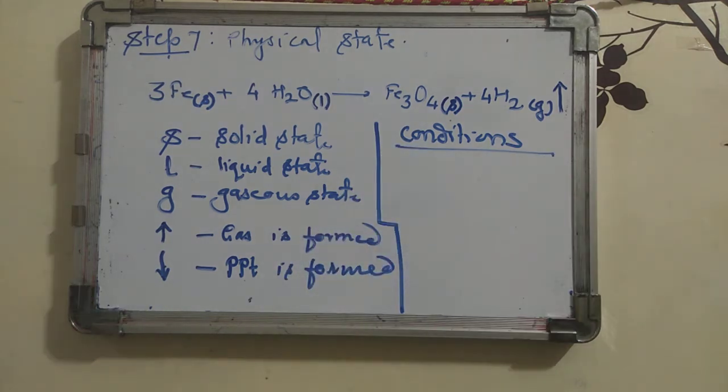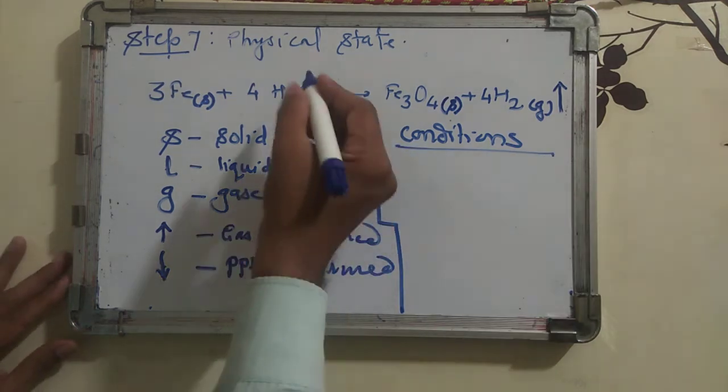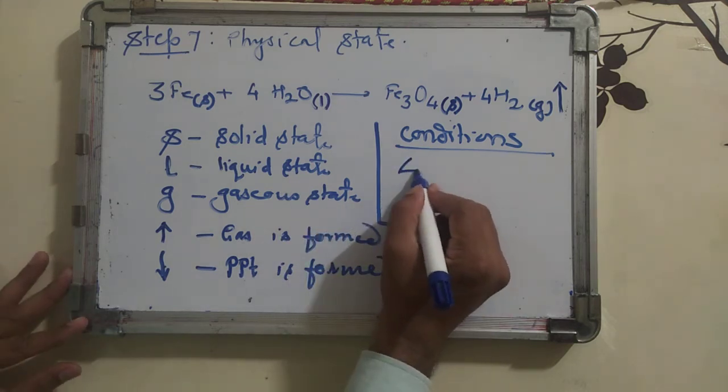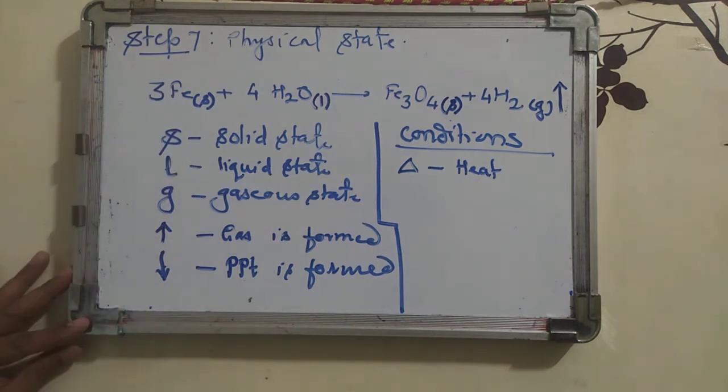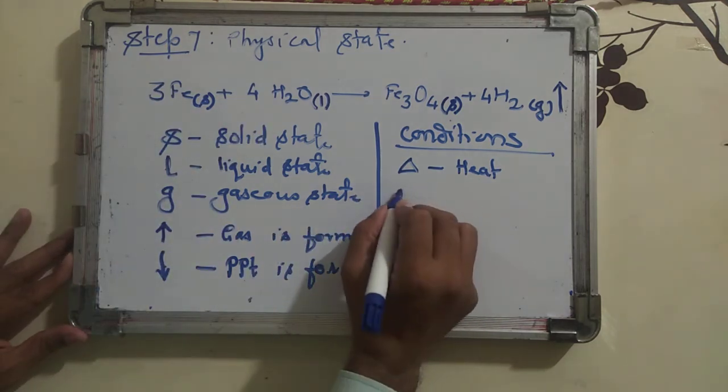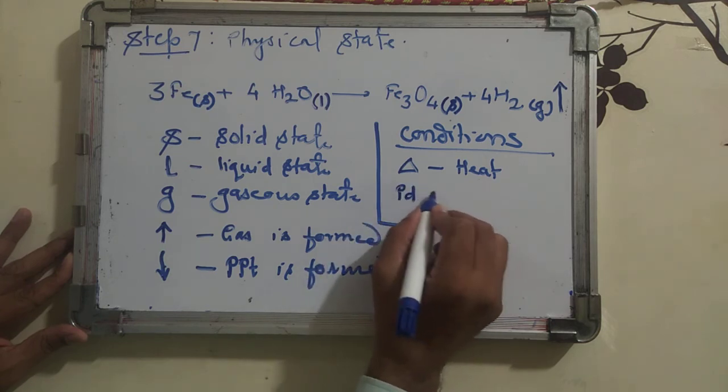Without conditions, no reaction can happen. Sometimes we mention delta, which is the sign of heat. That means some amount of heat is required to carry out the reaction. Sometimes we write a catalyst like palladium or nickel.